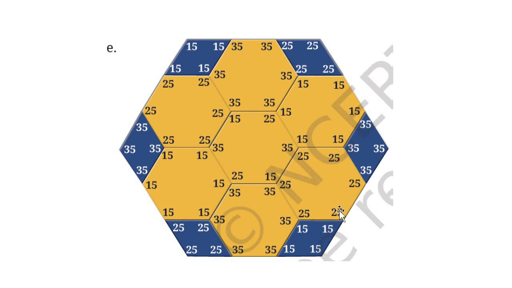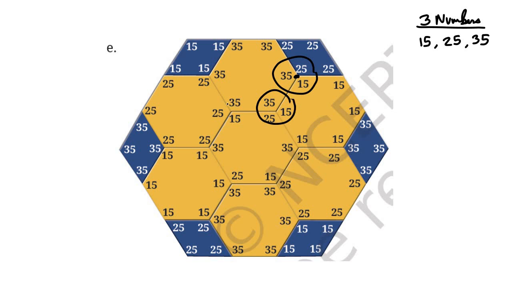Okay, now we have got this figure at hand. How to analyze? Okay, first observe that you will see only 3 numbers, 15, 25 and 35. Next, the point to observe is that the junctions, all the junctions like this, you have got only 3 numbers, 15, 25, 35.